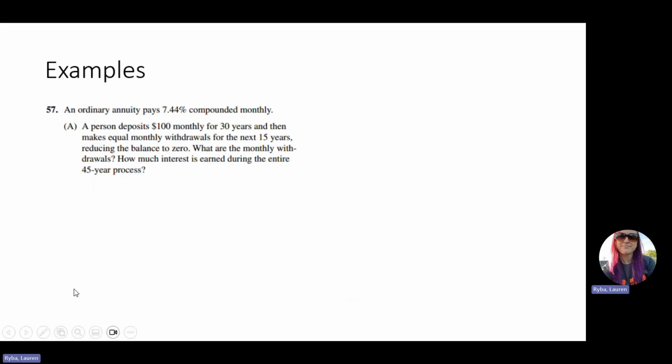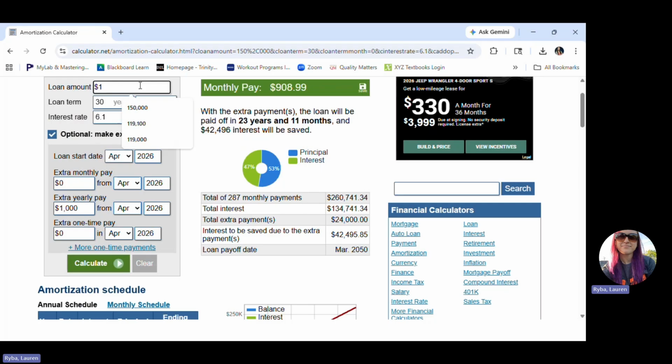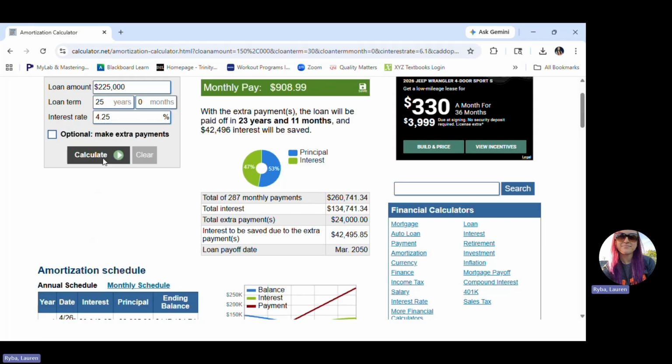And you can do that with any loan question we did. So I think in the homework we have questions that'll say, like, all right, you have a $225,000 loan. Your loan is for 25 years and your interest rate is 4.25%. I'm not going to make any extra payments here.